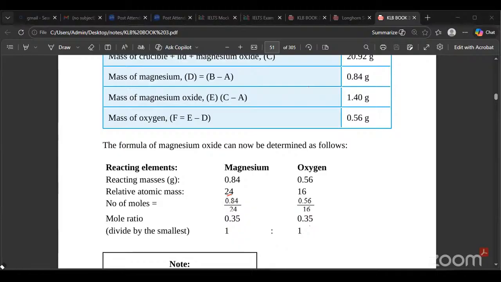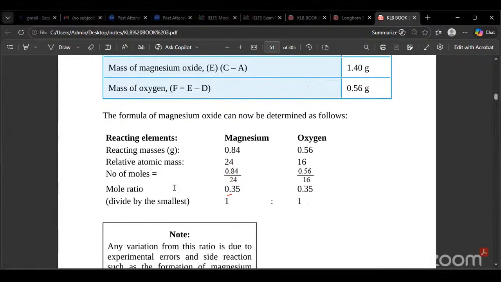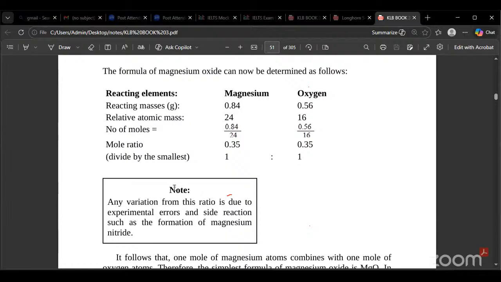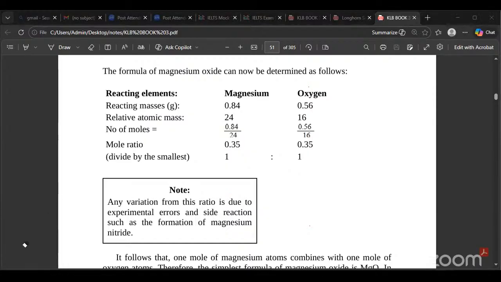Now let us see this one. Any variation is due to experimental errors. So sometimes if we did this experiment in the lab, we might not actually get 0.84, 0.56 as the mass.